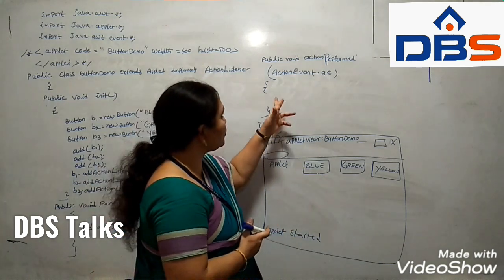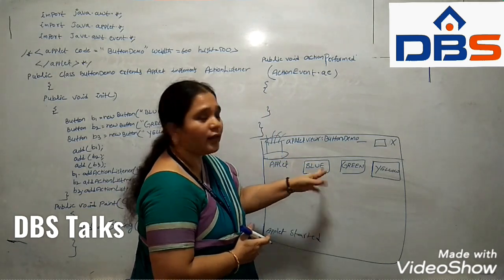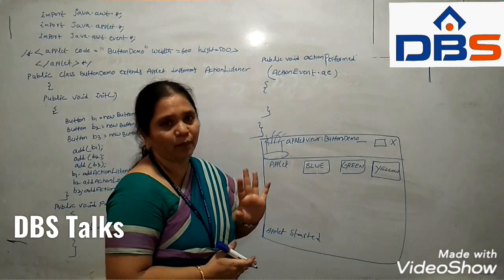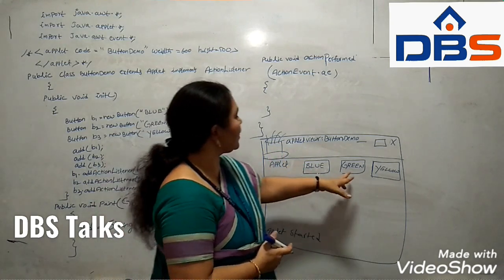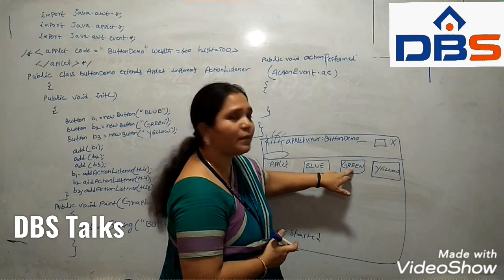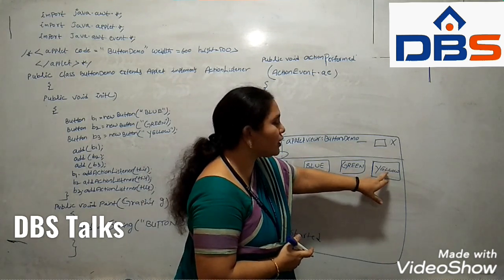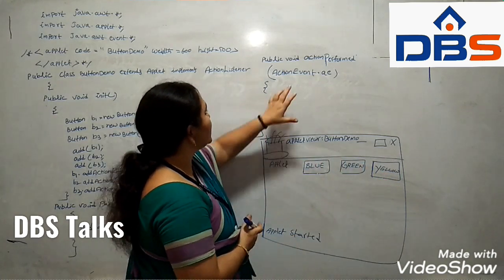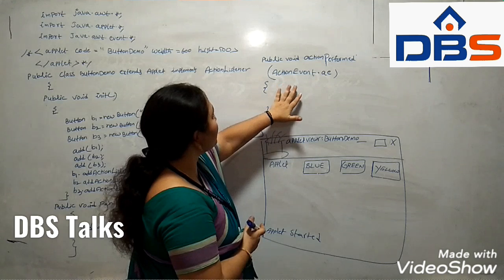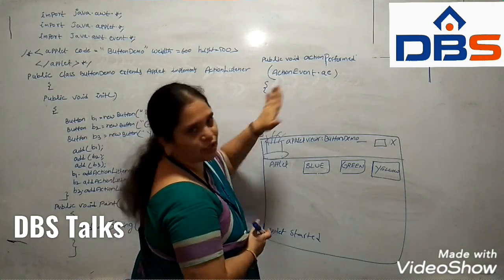But according to this step, when we click on this particular button, no action can be performed at the background level. Otherwise, when you push this button, no action can be performed. Why? Because here the actionPerformed method is empty. We are not performing any action.